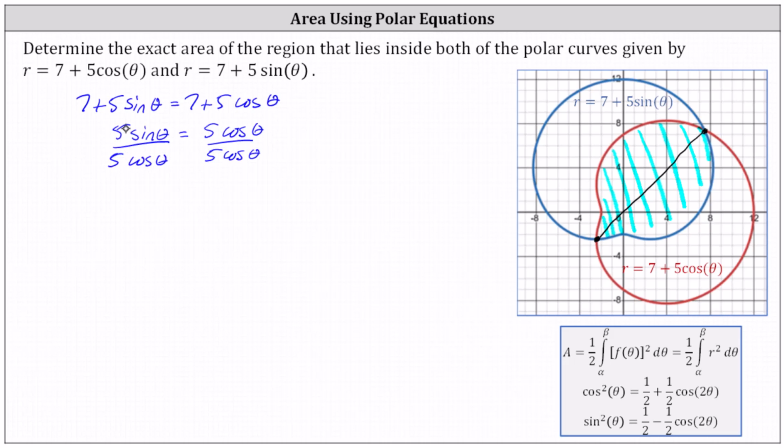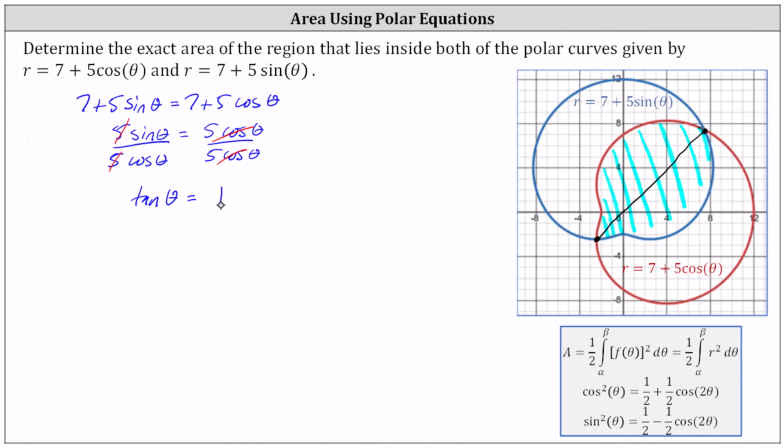On the left, 5 divided by 5 simplifies to 1, and sine theta divided by cosine theta is equal to tangent theta, equals, on the right, 5 cosine theta divided by itself simplifies to 1. So let's focus on the interval from 0 to 2 pi. We're looking for the angles where the tangent function value equals 1 in the first and third quadrants.